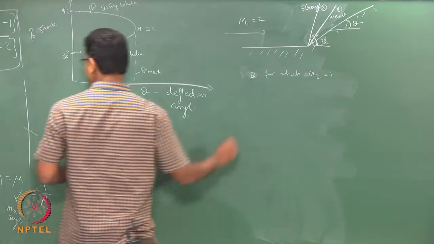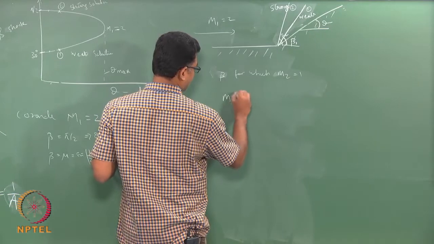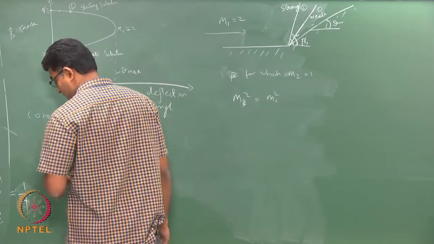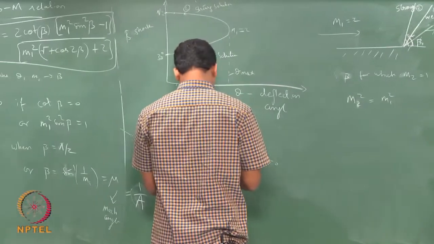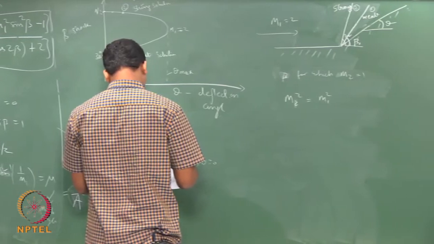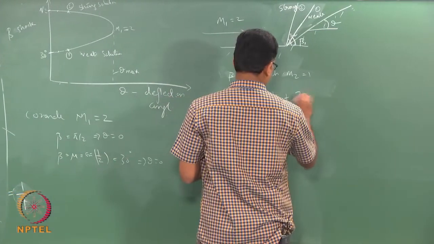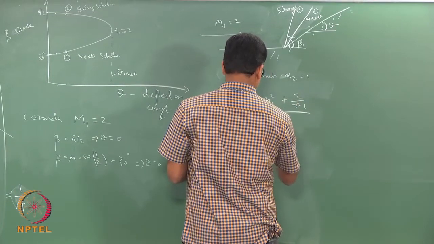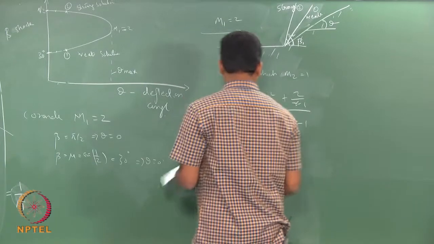So, what I do is I take that relation: M2 square equals M1 square plus 2 by gamma minus 1, divided by 2 gamma by gamma minus 1 M1 square minus 1.